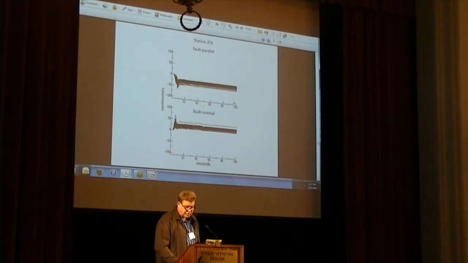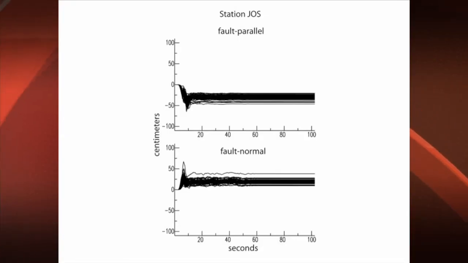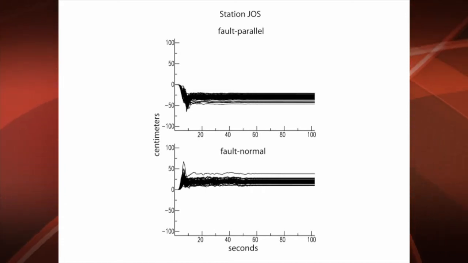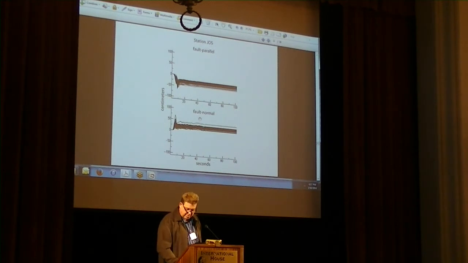This is Joshua Tree. Again, comparing fault parallel displacement, fault normal displacement. This station is near the end of the fault. There's components of static displacement on both horizontal components.